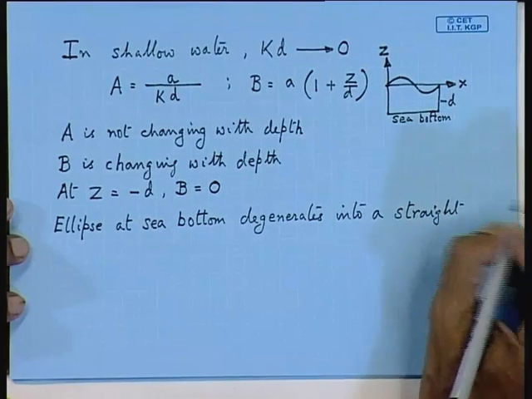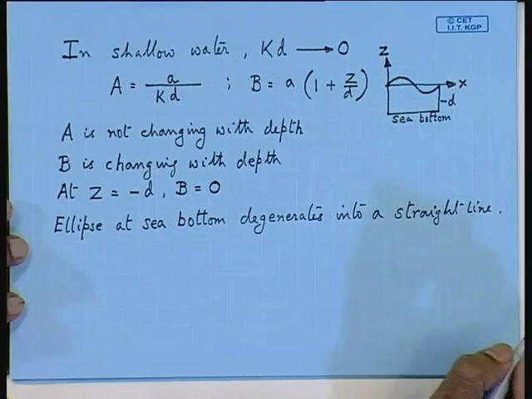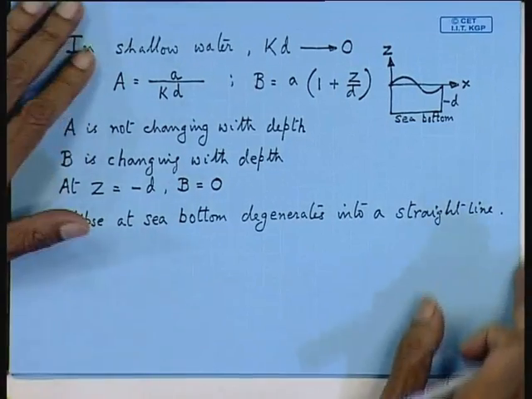There is no value of B, whereas there is some large value of A. Now, if you look at this diagram, you will find this is how it behaves.